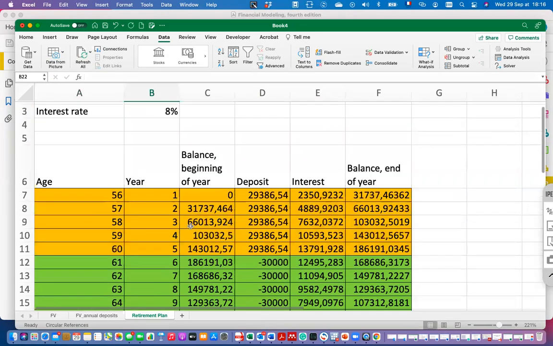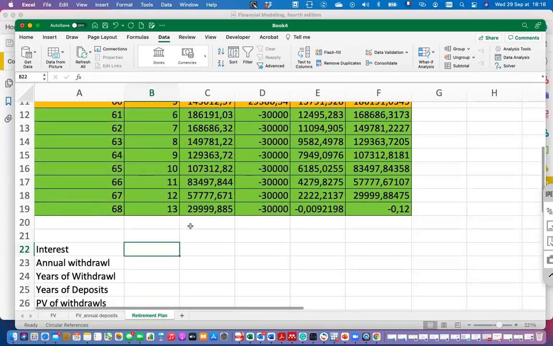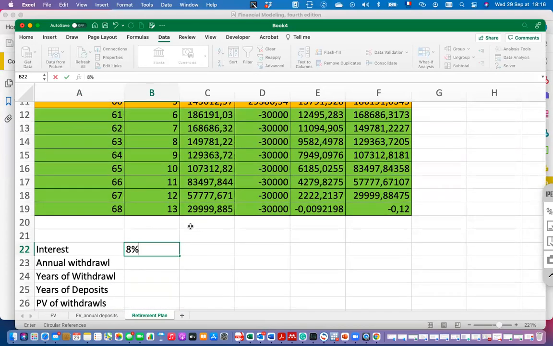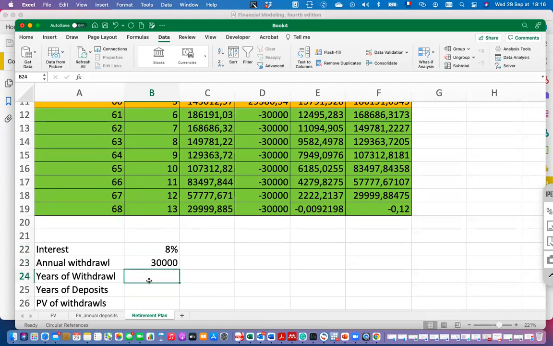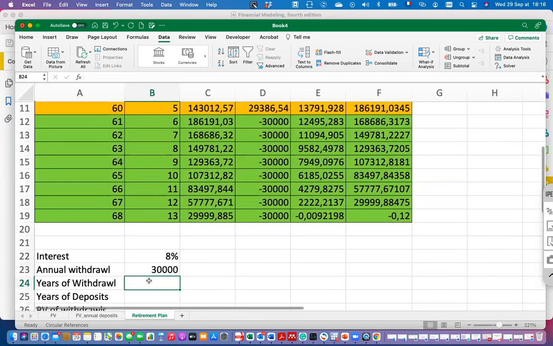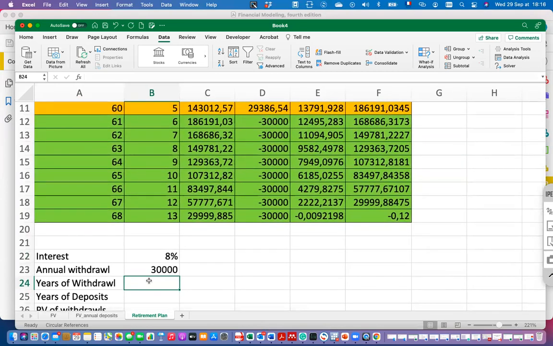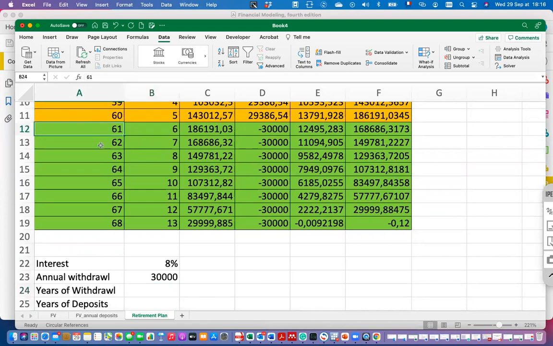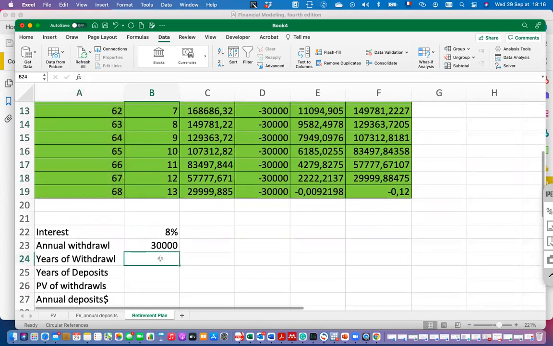So the interest is equal to 8%. And we need to withdraw $30,000. Now, how many years of withdrawals? We have from 61 to 68, which means 8 years. So 8 years of withdrawals.